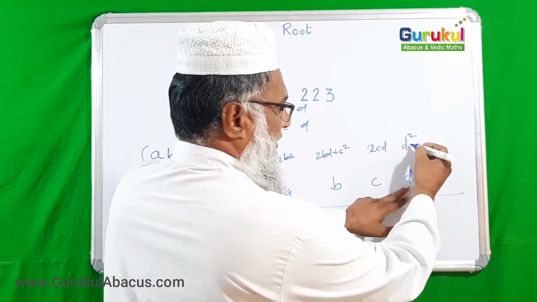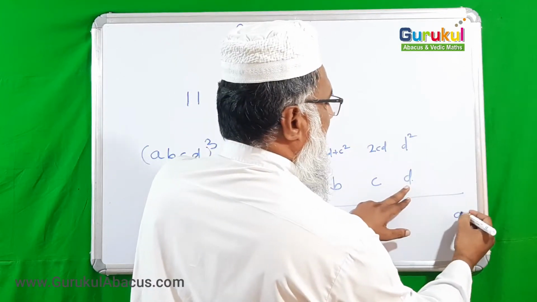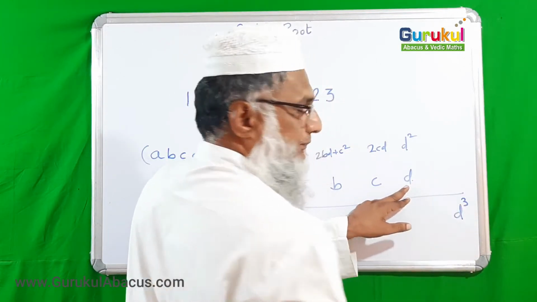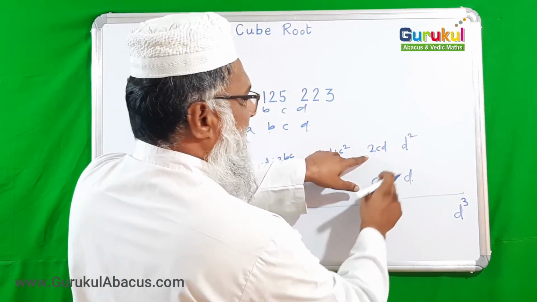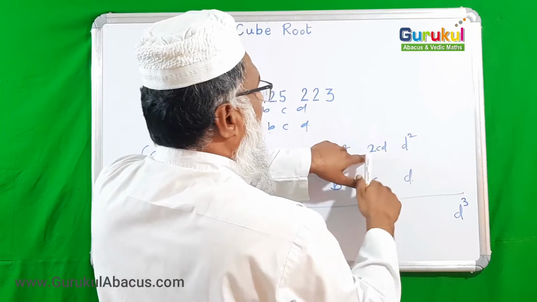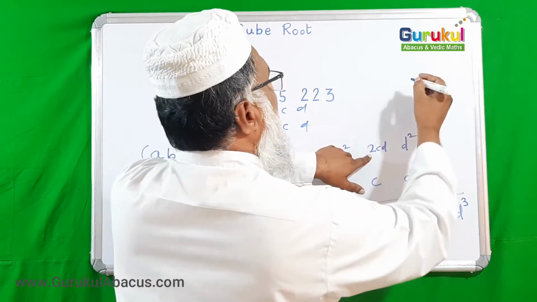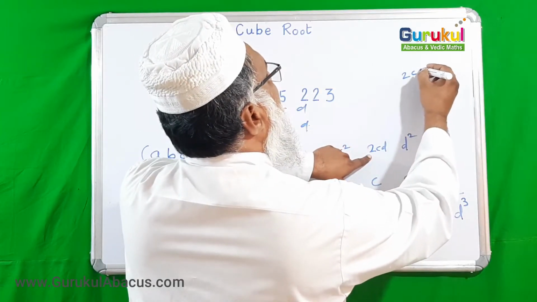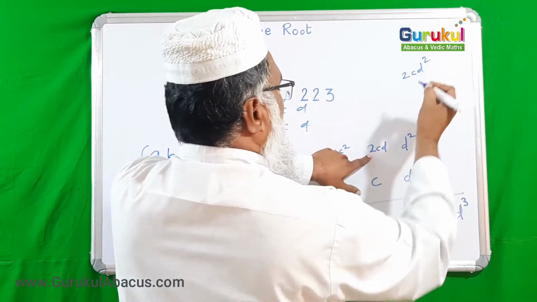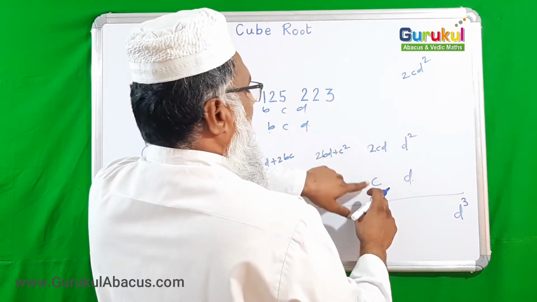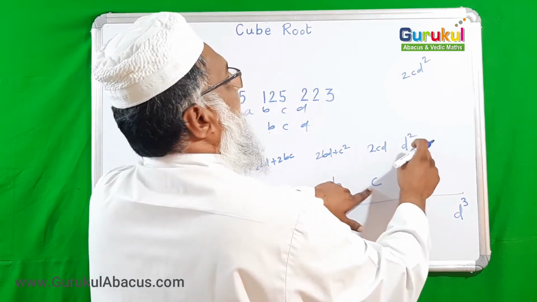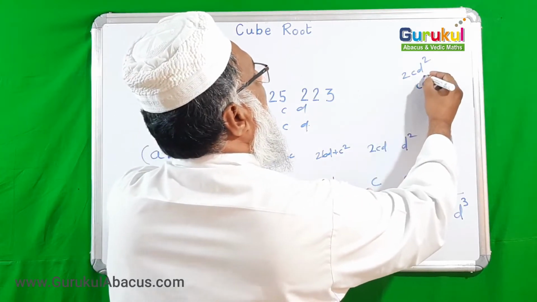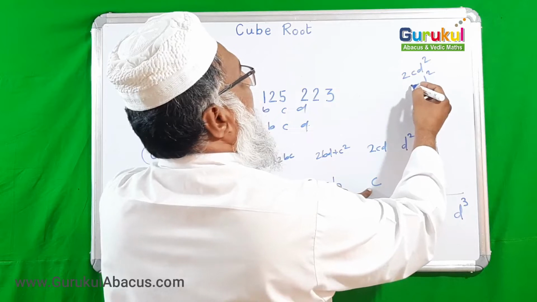So d into d square is d cube. Then this into this plus this into this. Here I want to write 2cd plus d, that is 2cd square. In that we have to add cd square, so 1 is there.